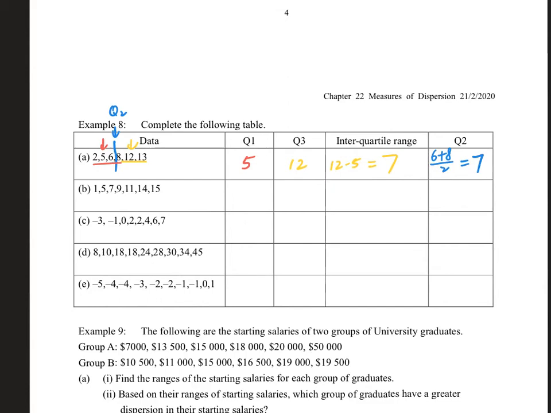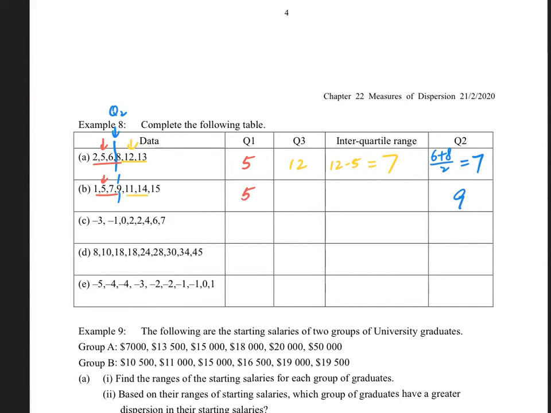After that, let's take a look at B. B has 1, 2, 3, 4, 5, 6, 7 data. So 9 will be the middle number, and Q2 is 9. Next, you have 3 numbers, 1, 5, 7 on the left, which gives you 5 as the middle one, so Q1 is 5.